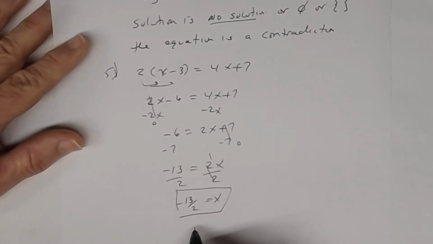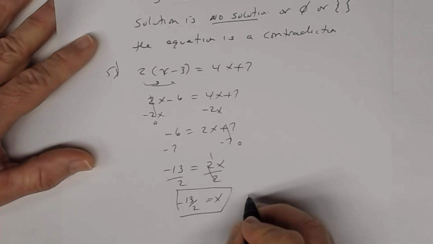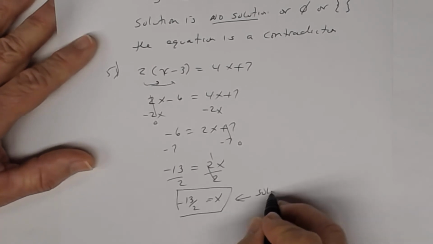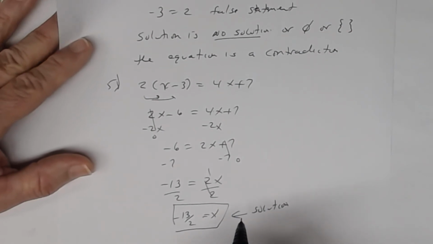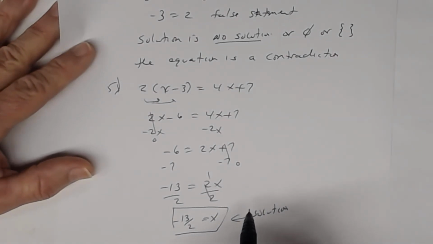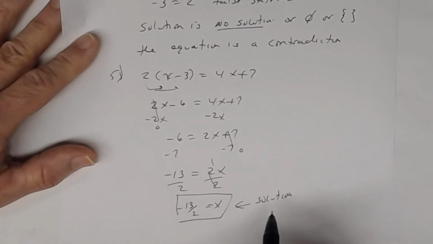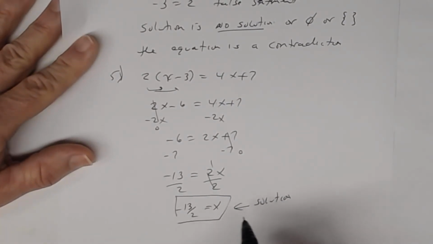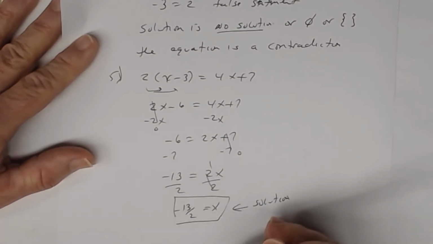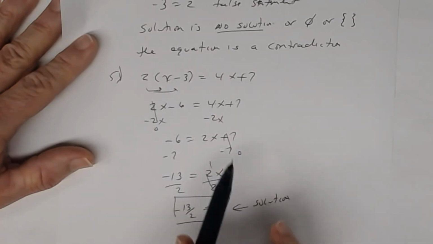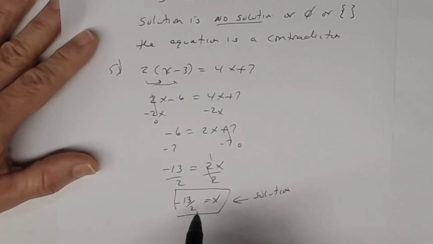So that's your solution. Okay? So is this a conditional equation, an identity, or a contradiction? First of all, you know it's not a contradiction. A contradiction is no solution. You have a solution. An identity is where the solution is any real number, but this equation has how many solutions? It only has one solution.